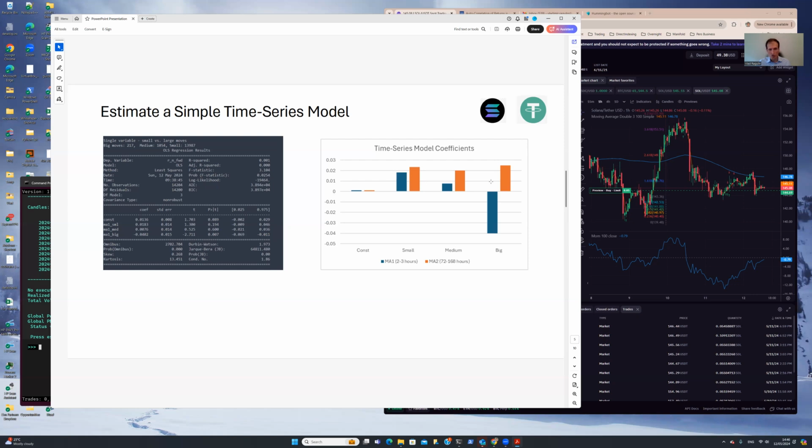You can see the orange ones are coefficients based on the long-term moving average. I look separately at small, medium, and big returns to get extra differentiation. For the long-term moving average, you tend to get all positive, so these are trends. For the short term, you tend to get reversion of big moves and a little bit of trending for small moves.